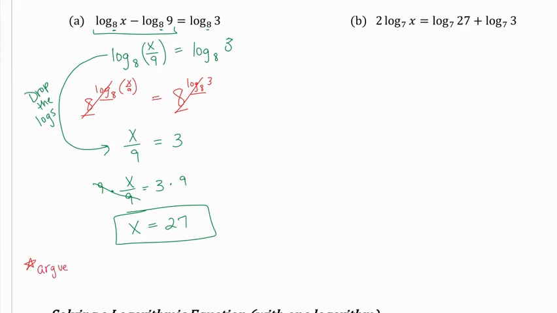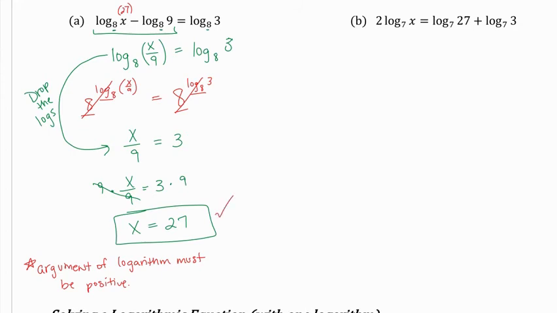The argument of a logarithm must be positive. So I ended up with a positive 27 here. If I were to put that back in up here for x, that would be a positive argument for that logarithm. So we're okay, it checks out.